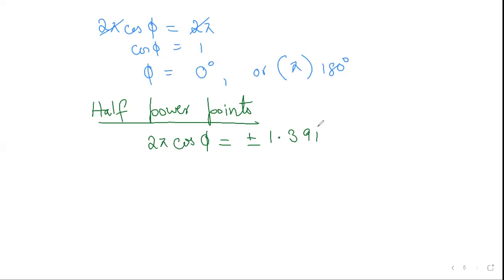1.391. That's the angle in the numerator for the sine function, which takes on a value of plus minus 1.391. All right. Now let us evaluate cos phi when it is 1.391 divided by 2 pi, so plus minus.